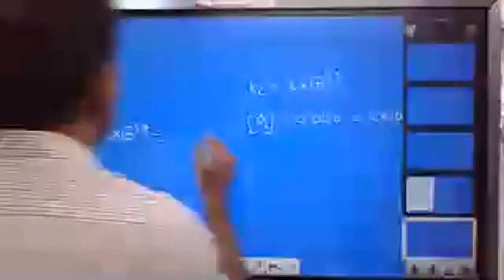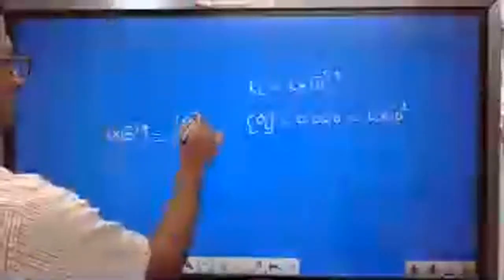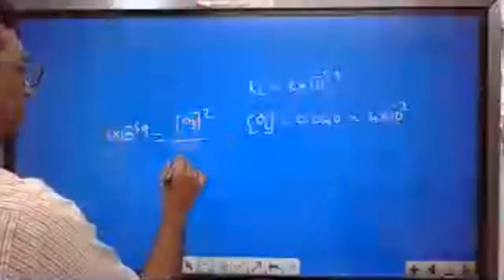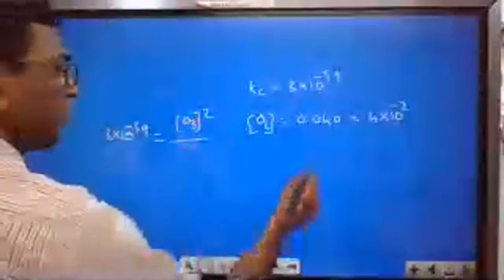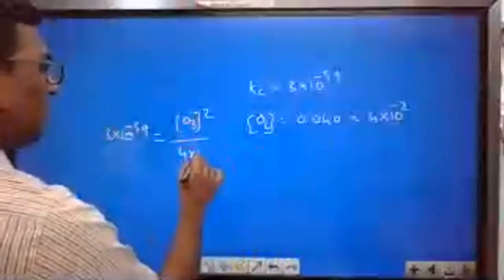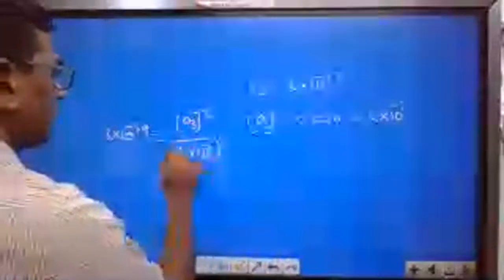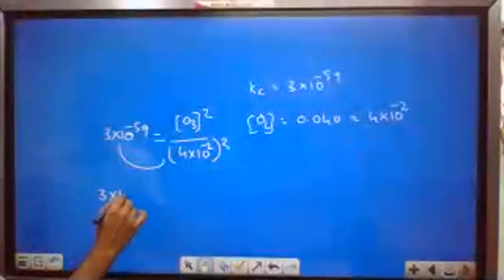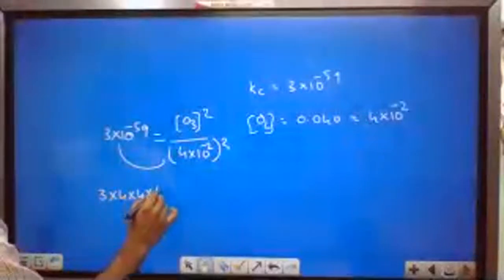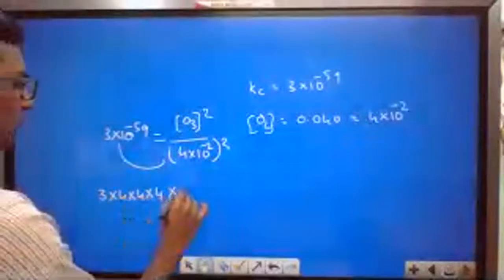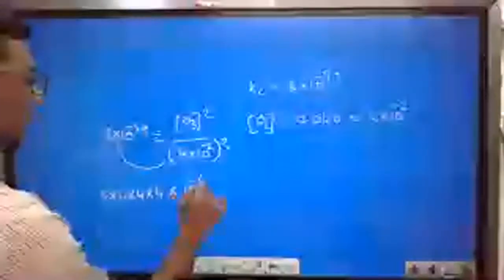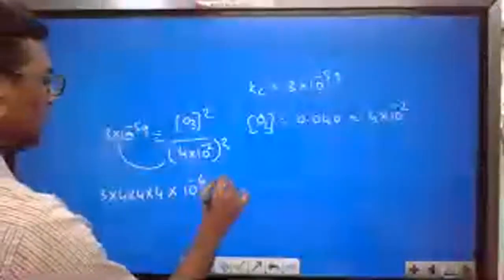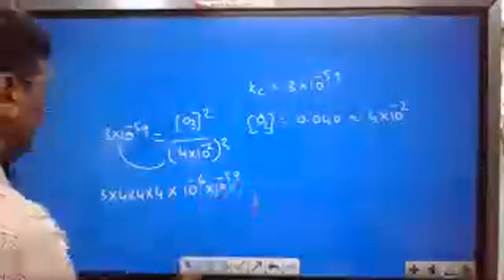O3 whole square divided by O2, they gave, that is 4 into 10 power minus 2 whole power 3. So you take this to this side, it will be 3 into 4 into 4 into 4 into 10 power minus 6 into 10 power minus 59.